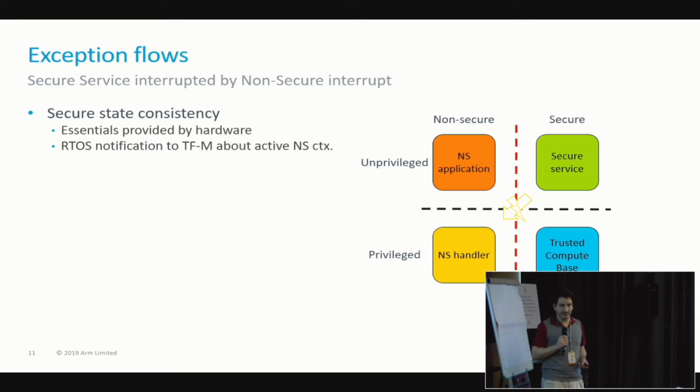But of course, if there's a context change as a result of the non-secure interrupt, and the new non-secure context wants to enter the secure domain, then we need some sort of a notification from the non-secure RTOS to TFM about this context change.